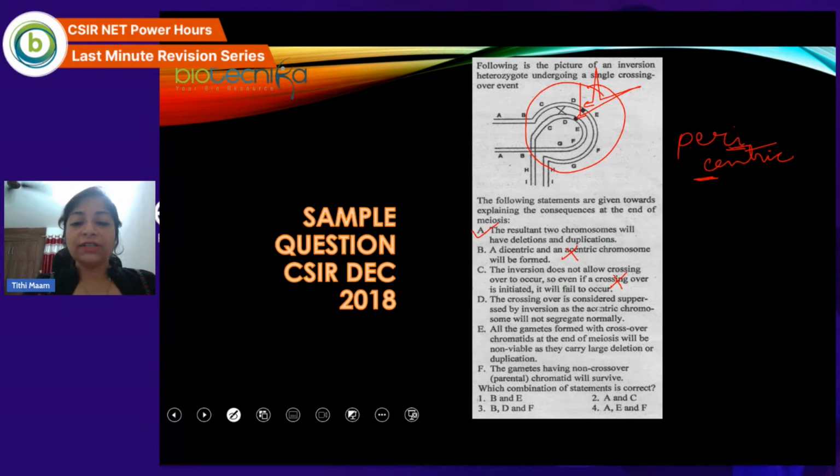D, crossing over is considered suppressed by inversion by the acentric chromosome. Again, it is not formed here. E, all gametes formed by crossover chromatids at the end of meiosis will be non-viable. That is true. And F states that the gametes having non-crossover, the parental types, will survive. So the answer is A, E, and F. Option 4. Excellent.